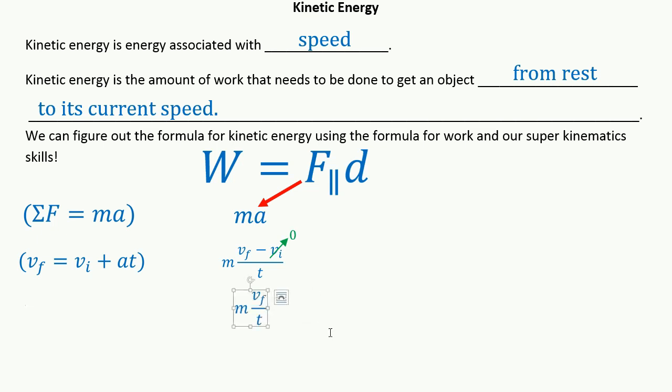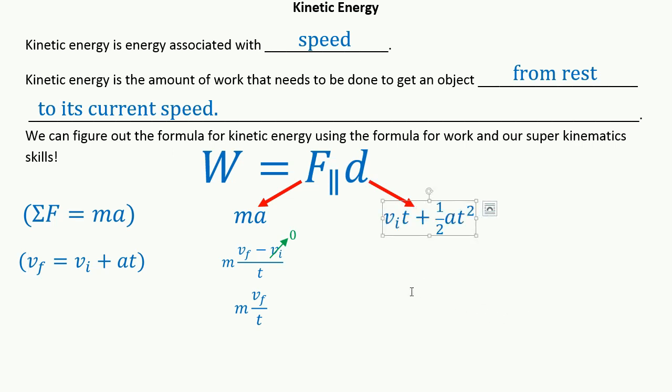So I'm left with, over here, my force in this situation can be rewritten as the mass times the final speed, the speed that car is going at as it goes past you, divided by the time it took to get that car up to that speed. So that's the left side of this equation. Now we're going to take a similar approach over here to the distance. We're going to take that distance, we're going to substitute some stuff into it, and we're going to write it in a different way.